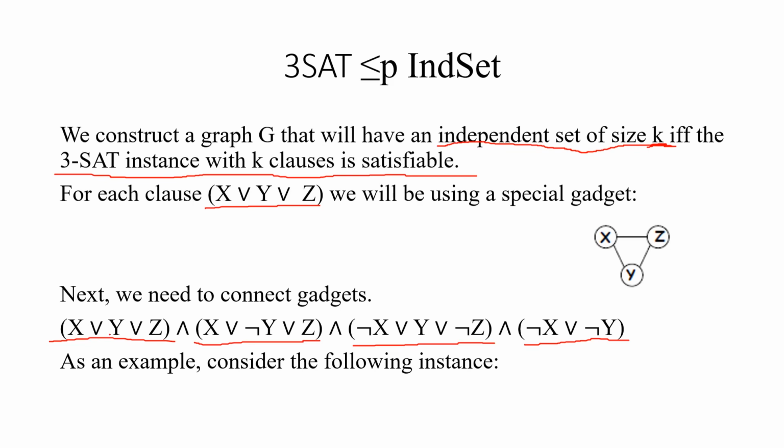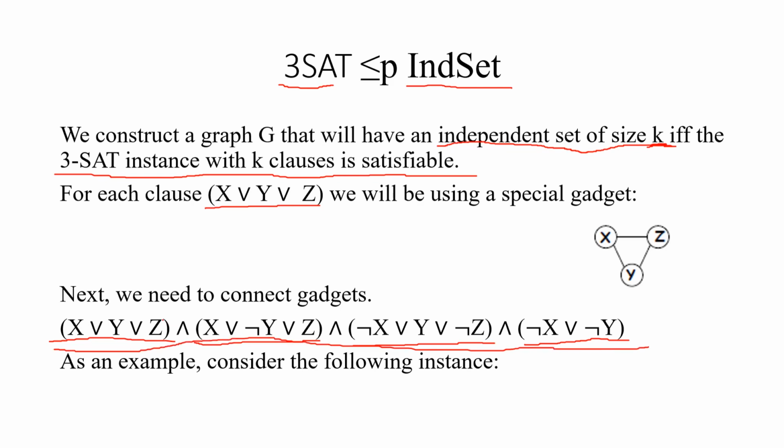So we have these clauses, and each of the clauses is a special gadget. If we are able to show that it is possible, then we can say that an independent set of size k is possible. So we just convert the instance of 3 SAT into an instance of independent set. So we build this kind of formula.